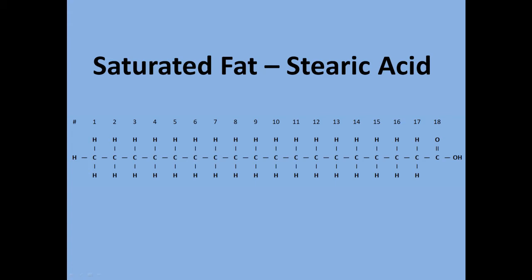That's basically it. It's a long backbone, and every spot is saturated with hydrogen, meaning there are no empty spaces, there are no holes. It is saturated. So picture a sponge. If that middle part, the backbone, was a sponge, we have absorbed and saturated that sponge with as many hydrogens as possible.